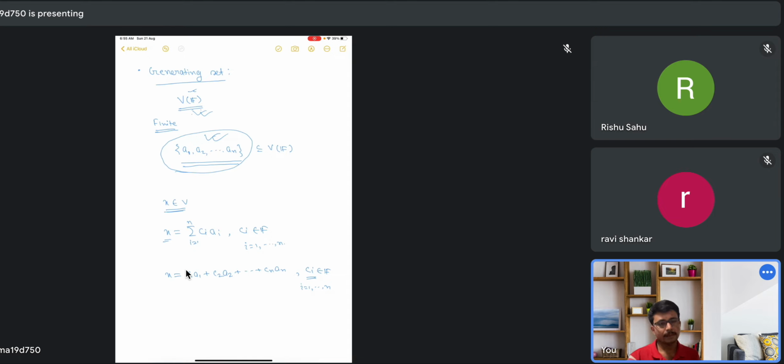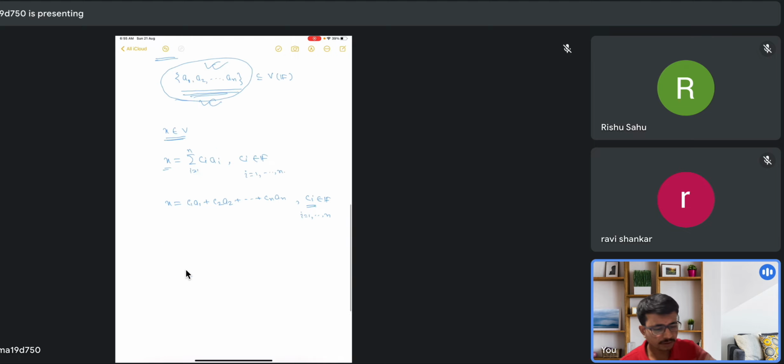Understood or not? Yes, sir. So this is the relation between every element of V and these finite sets. So we'll say that this is a generating set of the vector space V.